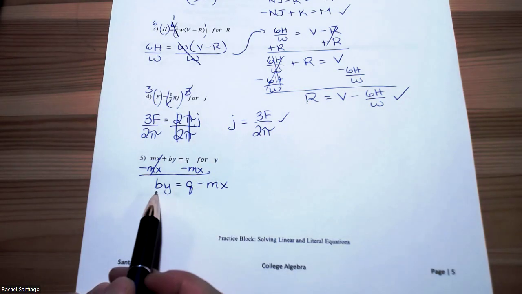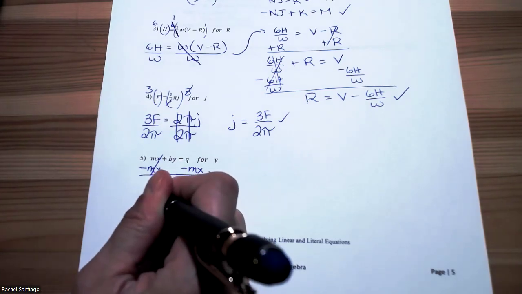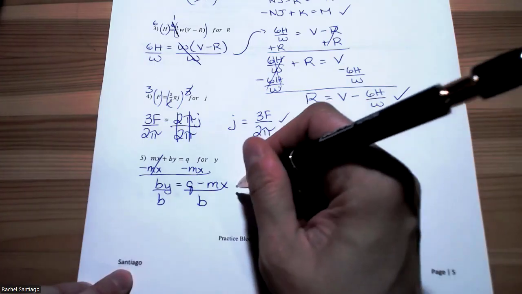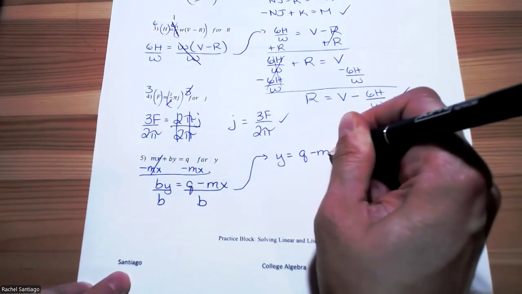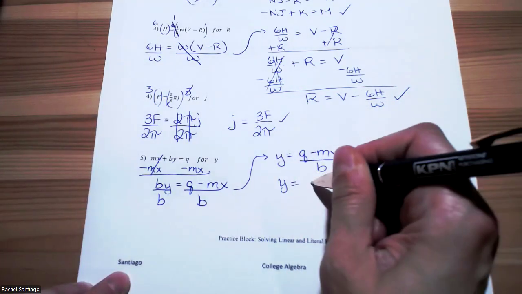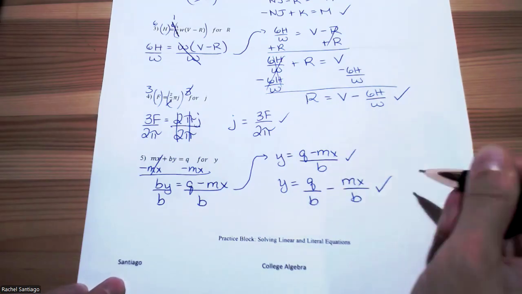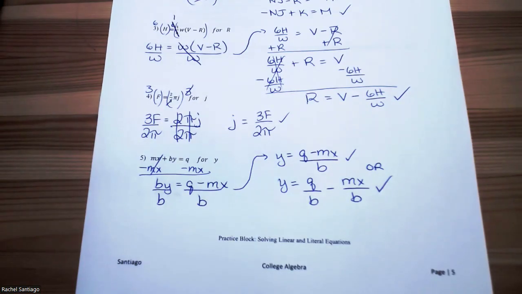And then finally, divide every term by b, or divide both sides by b, just like we learned a little bit ago. So my final answer is y is equal to q minus mx all over b, or y is equal to q over b minus mx over b. Either answer is totally acceptable.